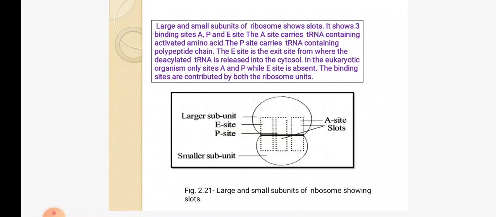In eukaryotic organisms, only sites A and P are present, while the E site is absent. The binding sites are contributed by both the ribosomal units.